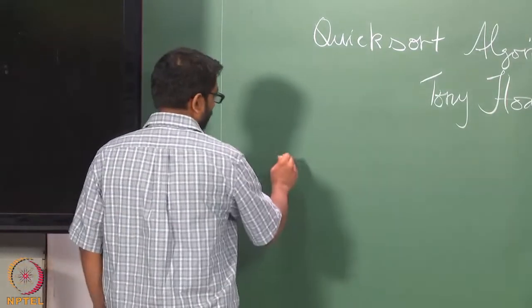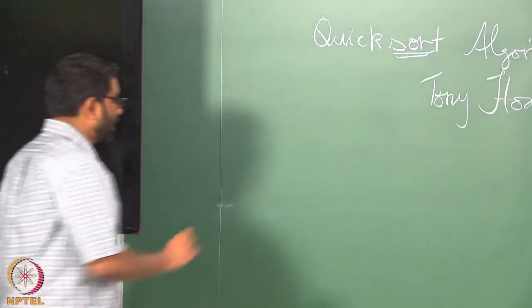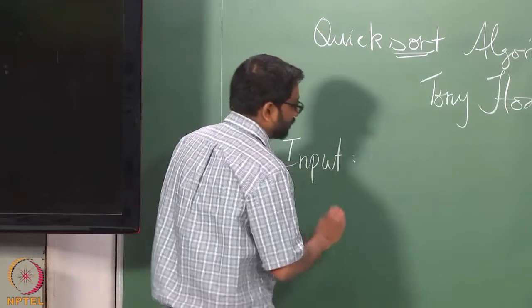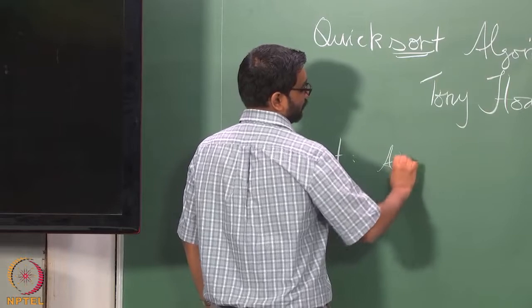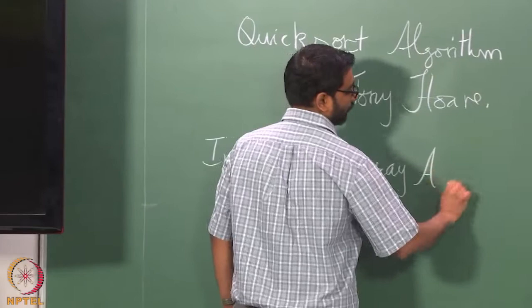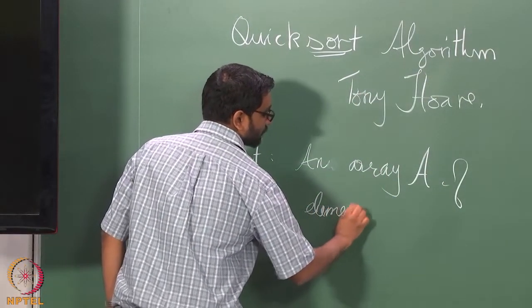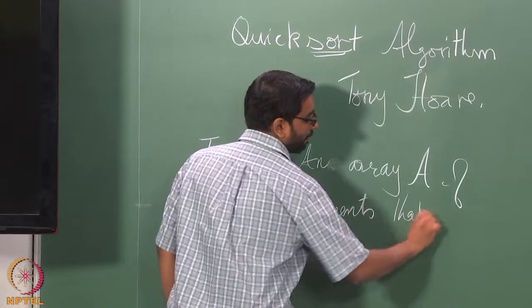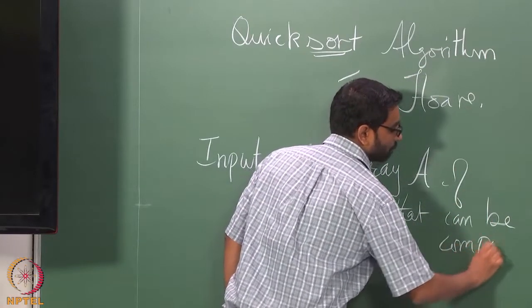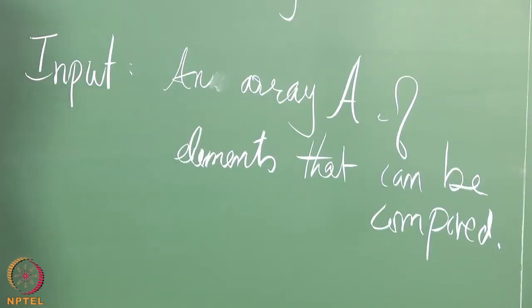Just to recall, we're talking about sorting, which means that the input is any array A of elements that can be compared.